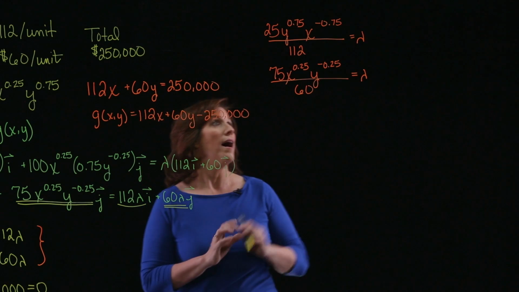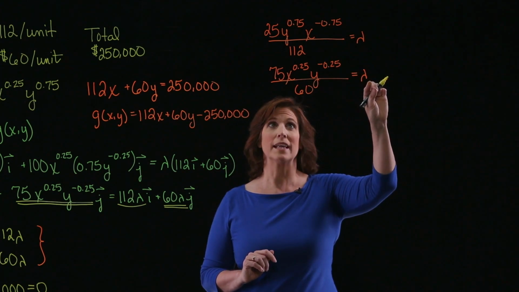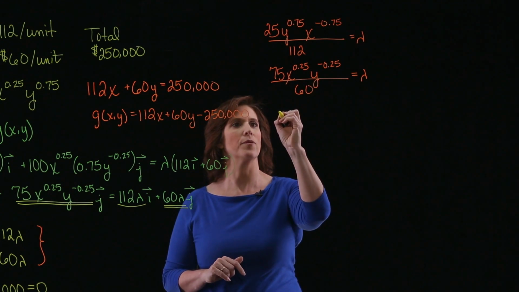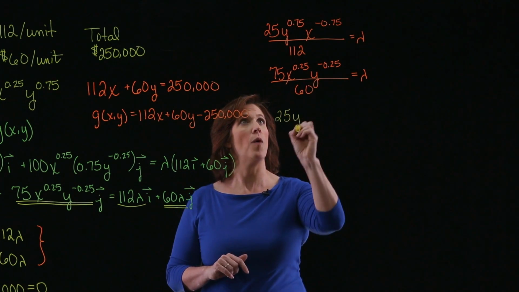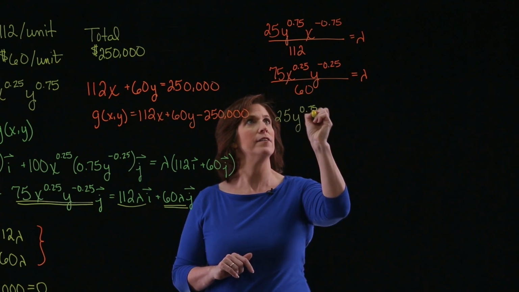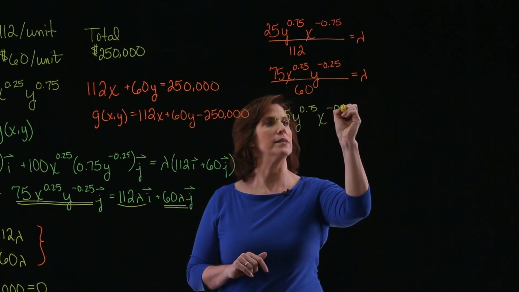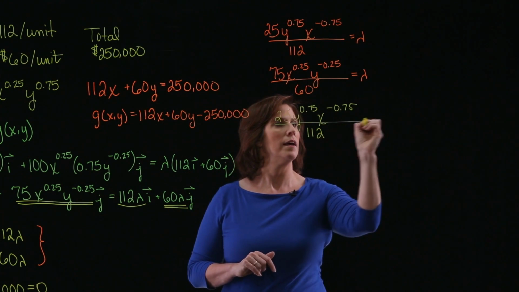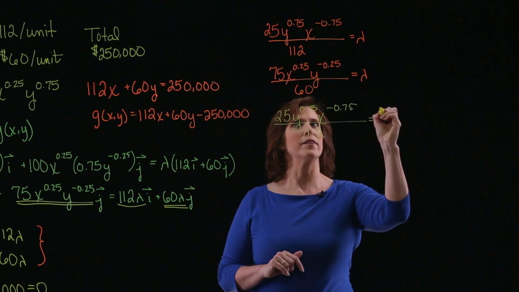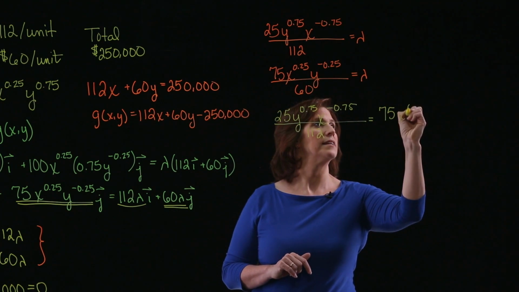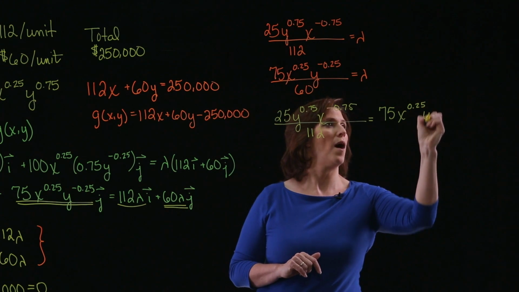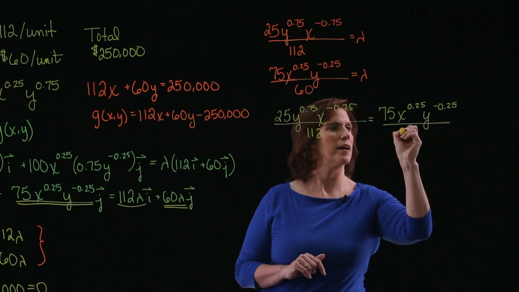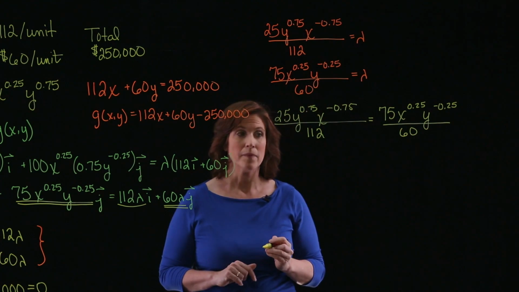Okay, so because both of these equations are equal to lambda, I can set those 2 left-hand sides equal to each other. So what do I have? Well, I have 25y to the 0.75 x to the minus 0.75 all over 112 being equal to 75 x to the 0.25 y to the minus 0.25 all over 60.